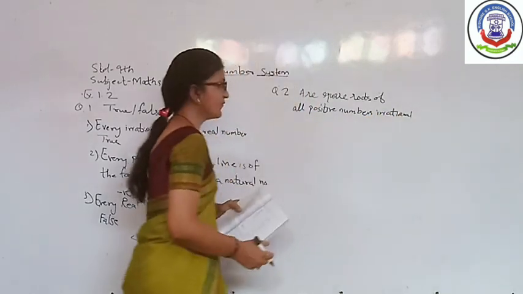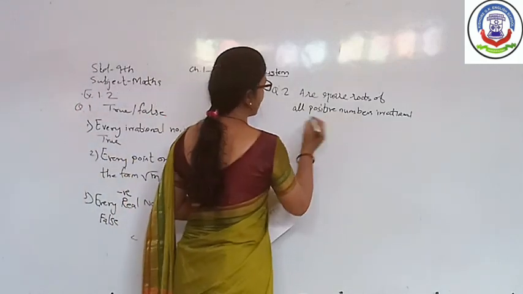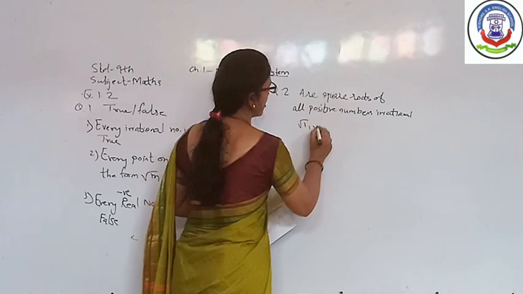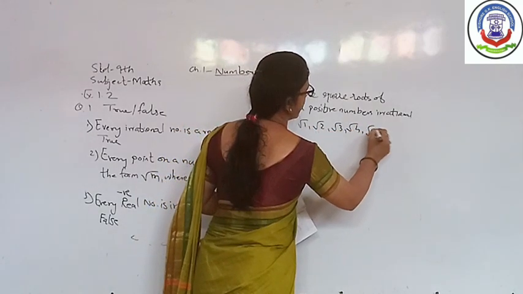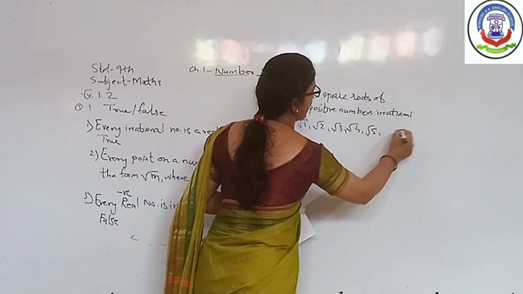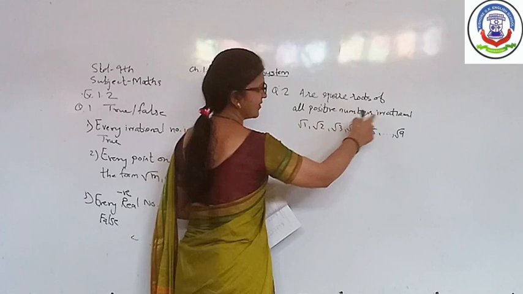Now can you guess what may be the answer? The square roots of all positive numbers. For example, we will take square root 1, square root 2, square root 3, square root 4, 5, square root 9. Now, are the square roots of all positive numbers irrational?